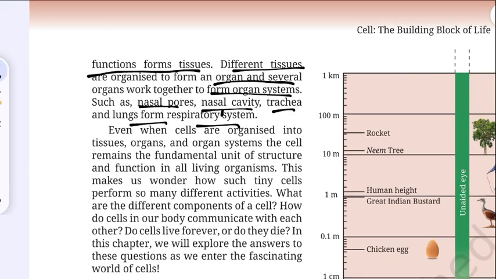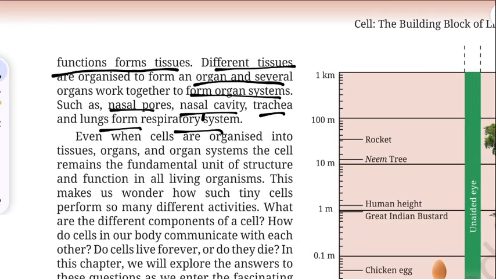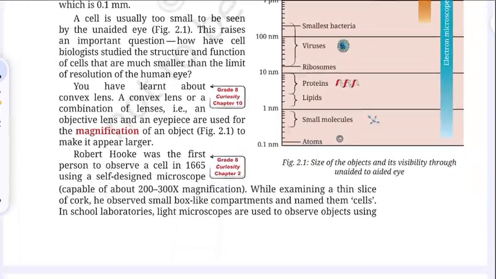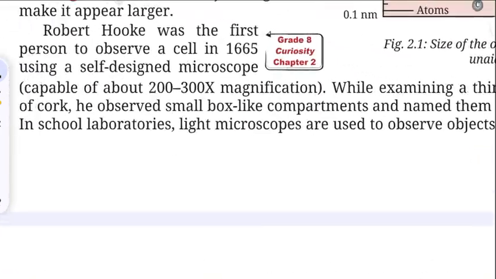Even when cells are organized into tissues, organs and organ systems, the cell remains the fundamental unit of structure and function in all living organisms. See, this line tells us that, I will explain this whole line with the help of one relevant example.